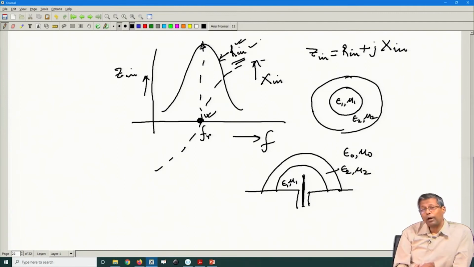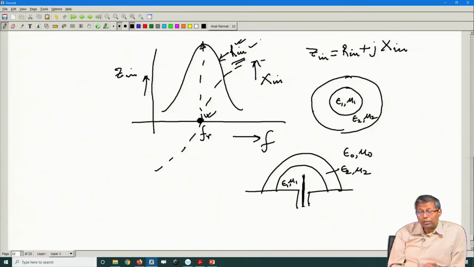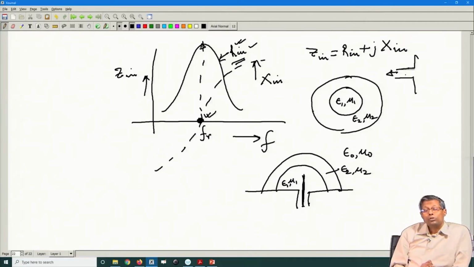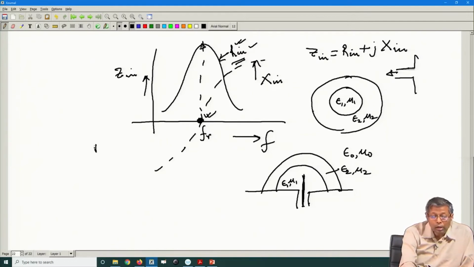But we must also remember that this same input resistance is responsible for the matching, because R in has to contribute to the matching with the source. So, it is best that R in should be equal to 50 ohm at its peak. But I told you that the complex power is mod I square times Z, and that is equal to mod I square times R plus j x.